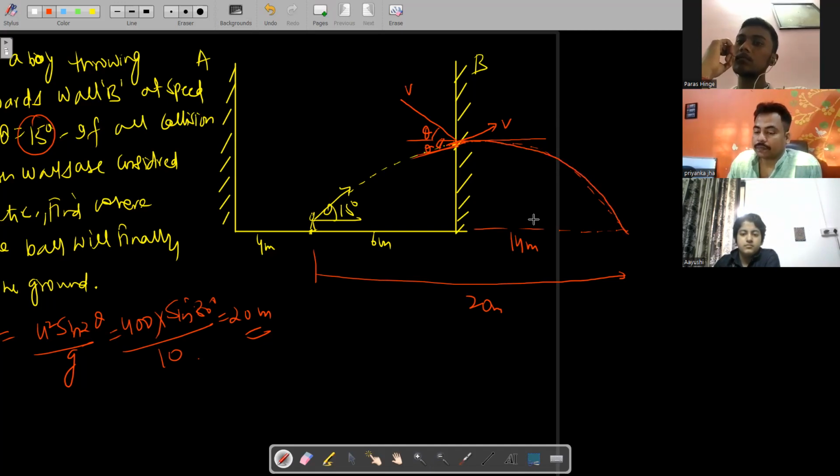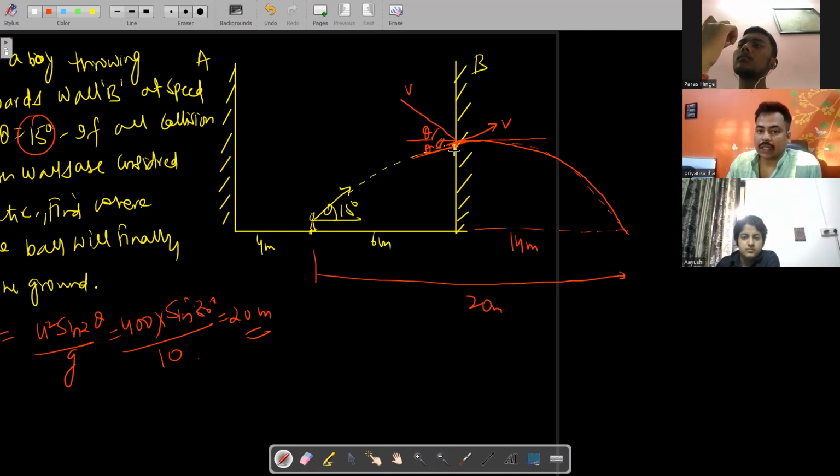Did you understand this part? Because this is a completely elastic collision. There is no friction over here, nothing, so it will not lose any energy. If this wall was not here, this ball would have gone this way and fallen here on the ground. Because of the wall, it will rebound and follow exactly the same mirror path of this.